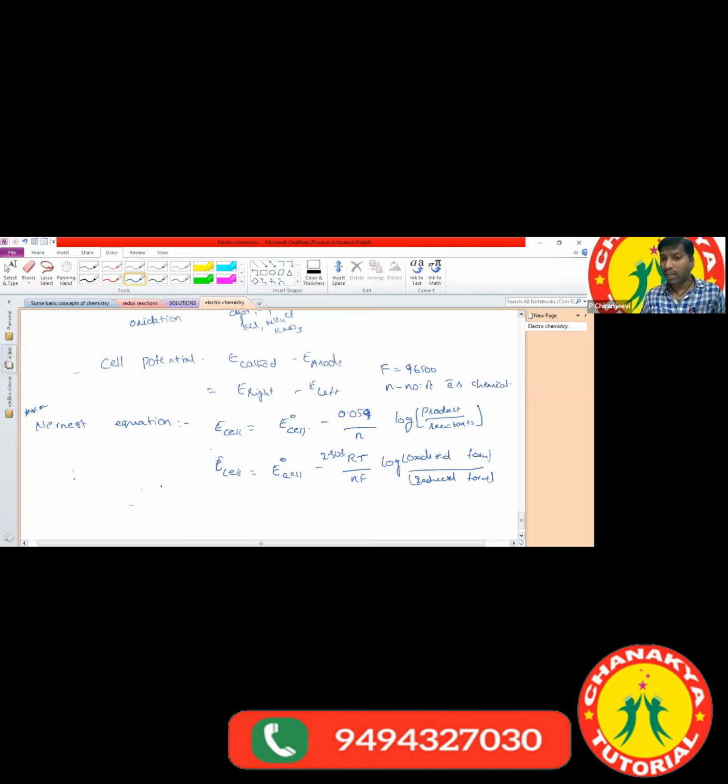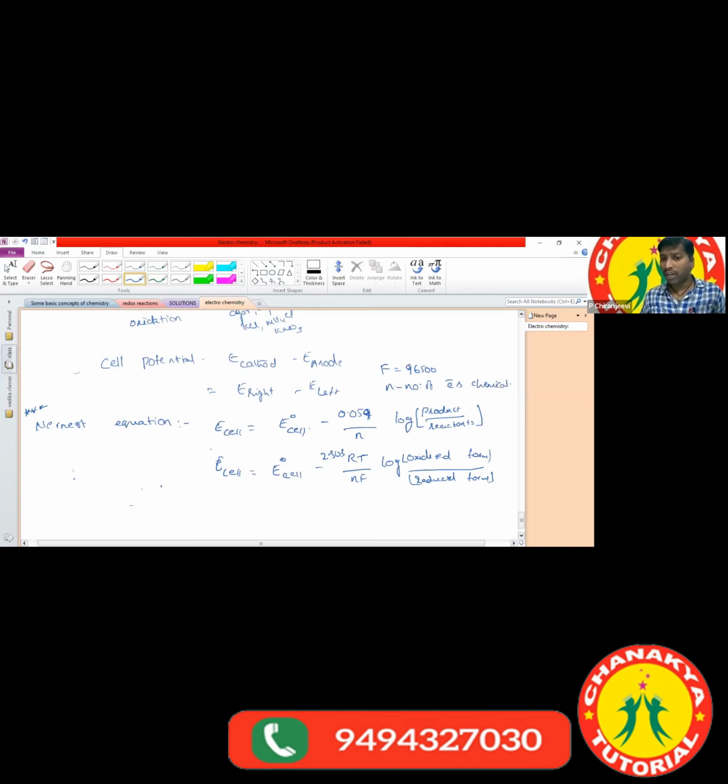E cell also has a relationship with free energy. Free energy is represented by delta G. How do we write the relationship between free energy and E0 cell?